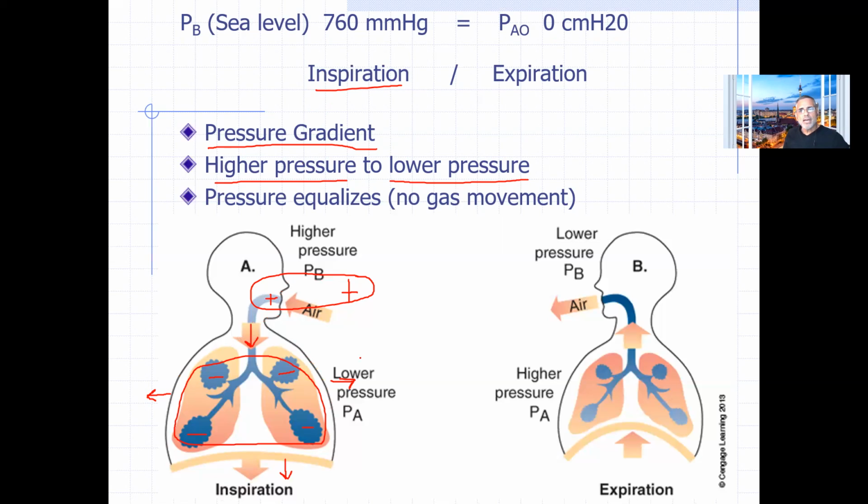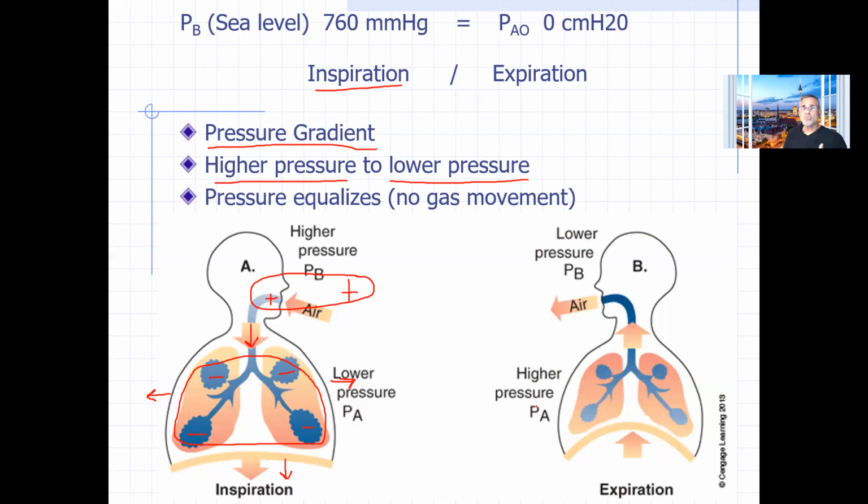Now, what causes gas to come out? On the right-hand side, we're seeing the graphic that shows expiration. In inspiration, we see the diaphragm and the intercostals contract, active energy is applied, and what happens in expiration is the diaphragm and the intercostals are allowed to relax.